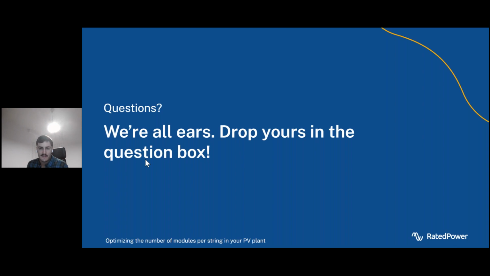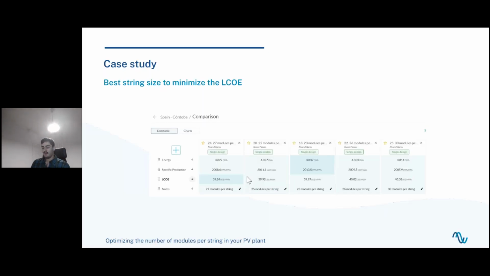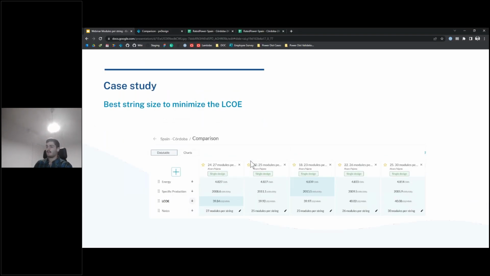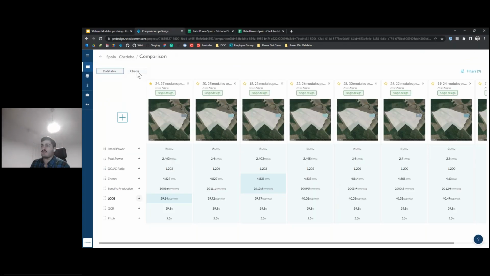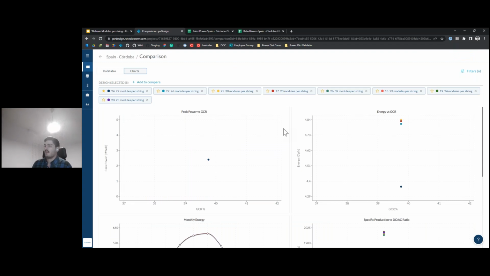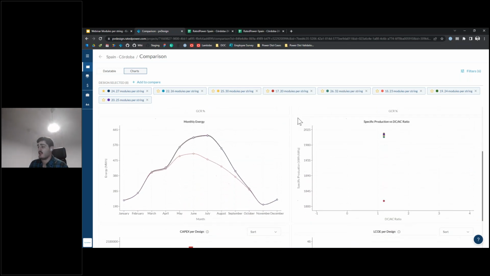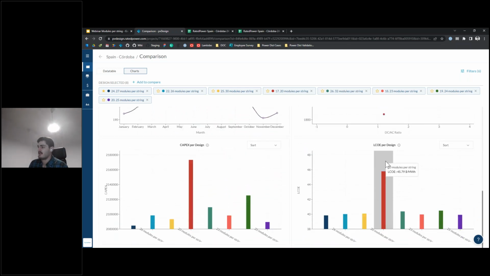So Manasa was asking if the graphs that I was showing are from pvDesign. So here we have in pvDesign this comparison tool. These graphs were from pvDesign. Also in the comparison tool, we will have different graphs that represent different parameters of the designs that we have generated. For example, the LCOE is represented directly from the graph, and also the capex of the plant.